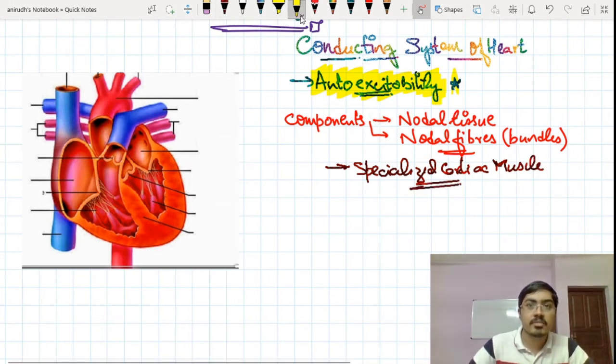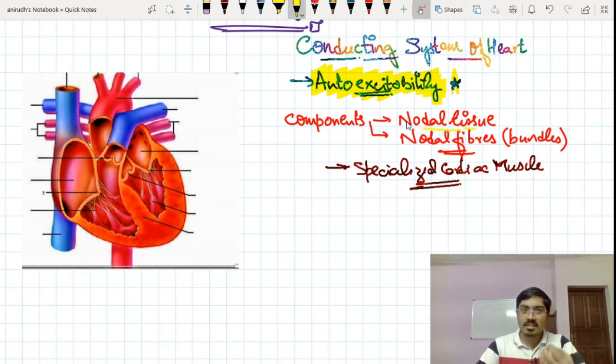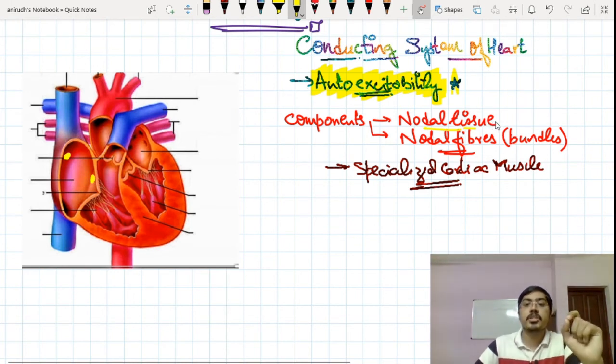So we'll understand what these are and where they are located. Let us start with the first one, that is nodal tissue. What do I mean by that? There are certain node-like structures, a collection at some part of the heart. The first node-like structure lies over here, and the second node-like structure lies over here. So these are the two most important nodal tissues of the heart.